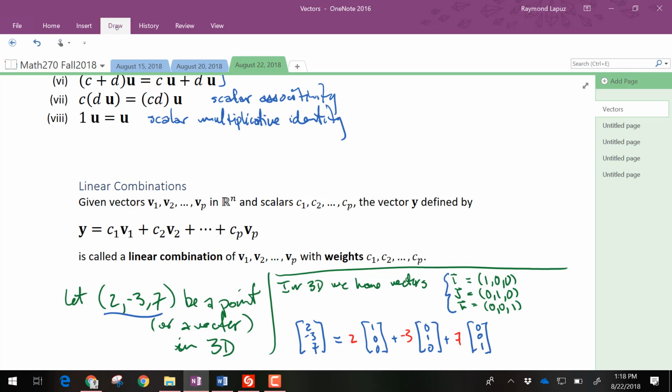So this expression we just wrote is a linear combination of i, j, k, and the numbers 2, -3, 7 are the weights.